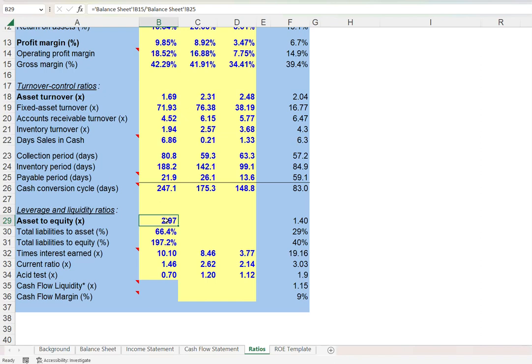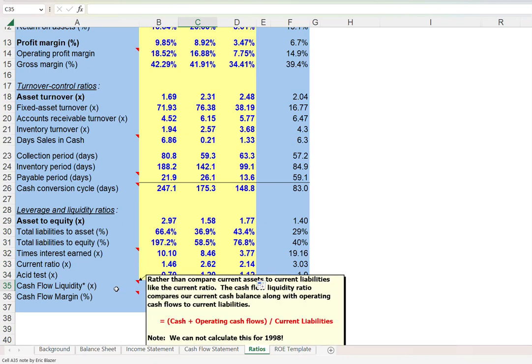Let's go ahead and copy over this entire column. And the last things we're going to look at, it's a measure called cash flow liquidity. So rather than just comparing current assets to current liabilities like we do in our current ratio, our cash flow liquidity ratio compares current assets, or rather our current cash, plus any cash that we expect to collect with our current liabilities.